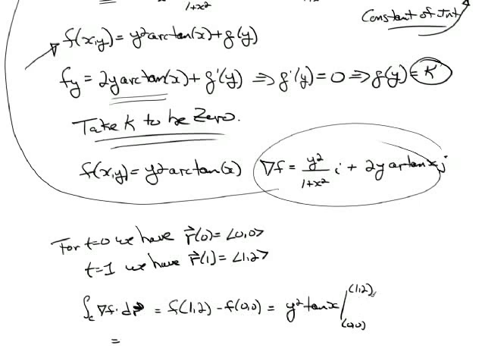At (1, 2), x is 1 and y is 2. That's going to give me 4 times, whoops, I wrote tangent. This is supposed to be arctan. There we go. So I need arctan of 1. Arctan is 1 when sine equals cosine between 0 and pi over 2, which means pi over 4. So this is 4 times pi over 4 minus 0. That's just minus 0. So my solution is simply pi.